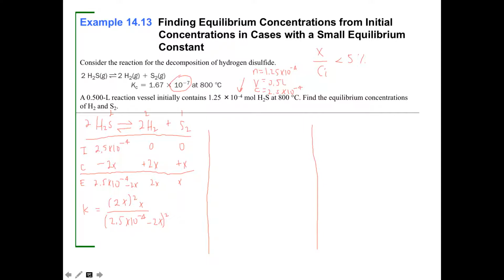All right, so let's suppose we do neglect it. I think that's what we did last. That's what we're going to do now to test it. We're going to neglect it, so that means, let me go back to red here, that k is about the same as saying k is equal to 4, because that's 2 squared, right? x cubed, because there's 3 x's in there, over 2.5 times 10 to the minus 4.